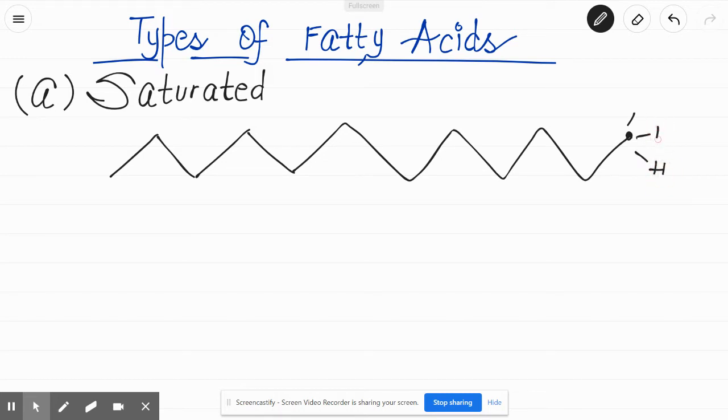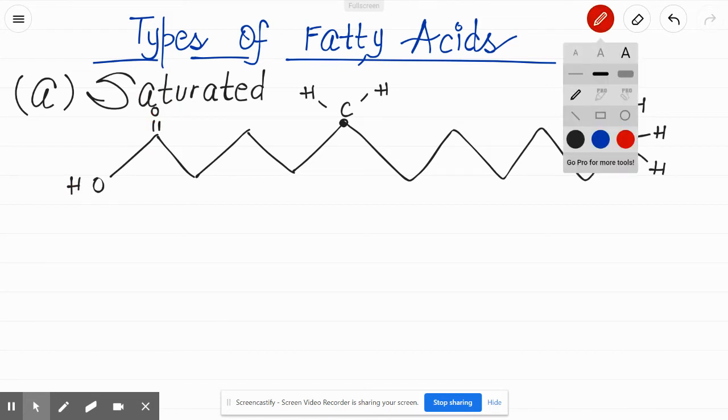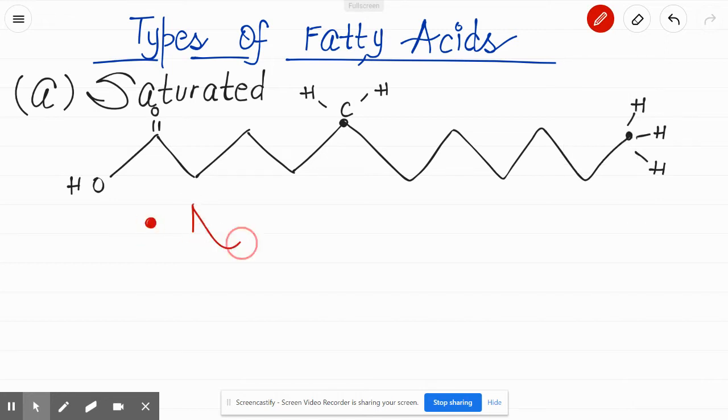And over here, you'll have 3 hydrogen, whereas in the middle always you'll have 2 hydrogen atoms. Now, what are the features of saturated fats? There are no double bonds. These are all single bonds.